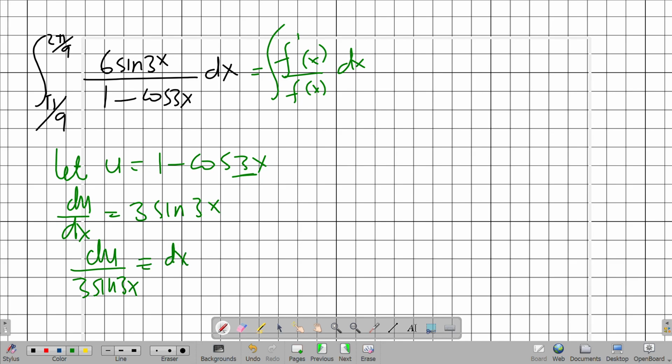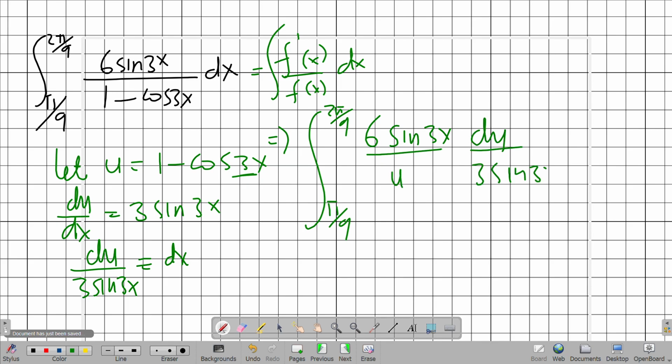So we're going to have the integral of 2, from pi over 9 to 2 pi over 9, and I'm going to have 6 sine 3x divided by u, then du over 3 sine 3x, and these two guys cancel. There's a 2 here. We're going to have 1 over u du.